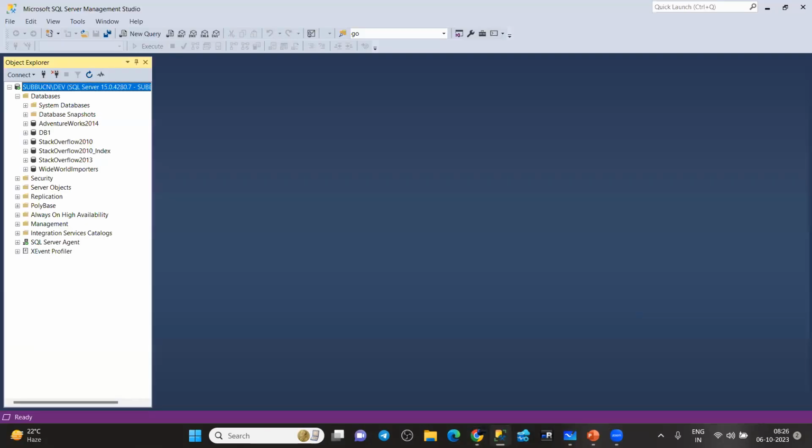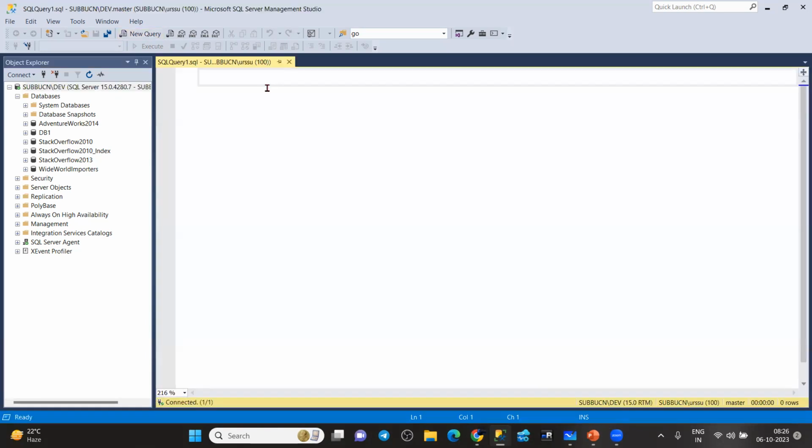Whenever you connect to SQL Server and see this, 15 means 2019, 16 means 2022, 14 means 2017, 12 means 2014, 11 means 2012. Whenever you see this first digit, you will know my SQL Server is running on such and such version.